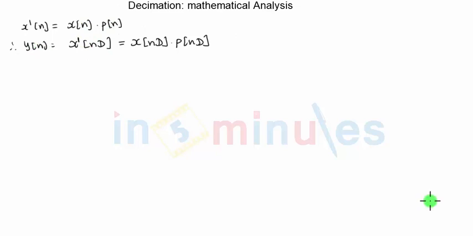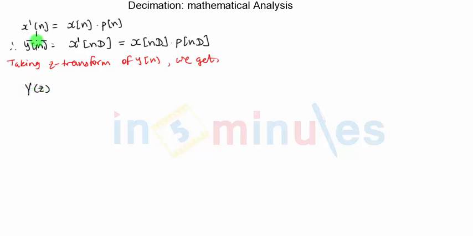Now if I take the z transform on both sides, the z transform of y[n] can be written as Y(z). Whenever you write a z transform, you use the capital letter, so I'm using capital Y. Y(z), round brackets, because Y(z) is a continuous function, whereas y[n] was a discrete function.